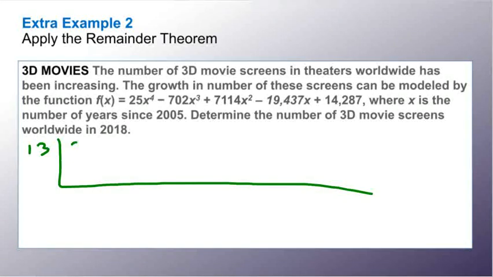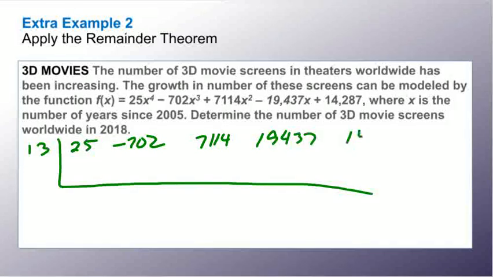So this would be 25, 0, and then negative 700. Actually, no, this would be negative 702, 7114, 19,437, and 14,287.